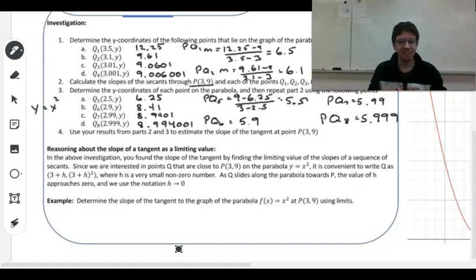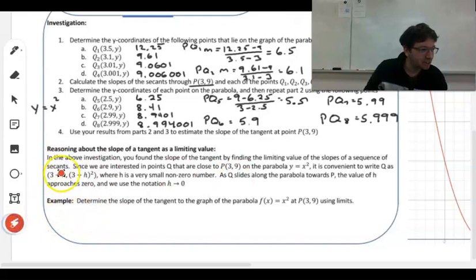So instead of having Q, say, 1 unit away from P, or half a unit away from P, or 0.1 or 0.00001 unit away from P, we'll just say it is a value h away from P on our x-axis.